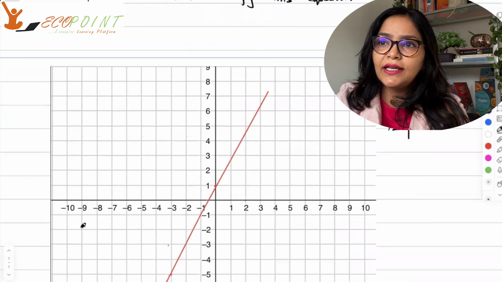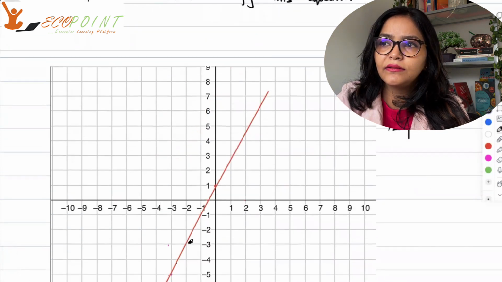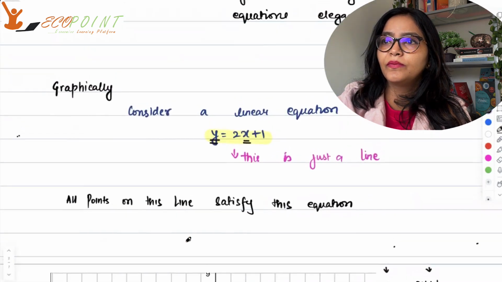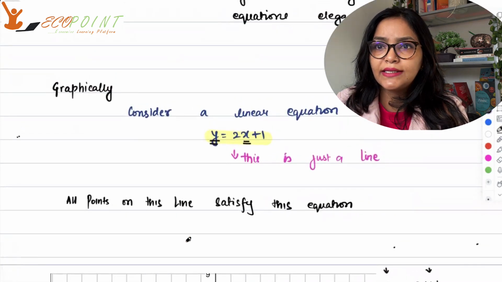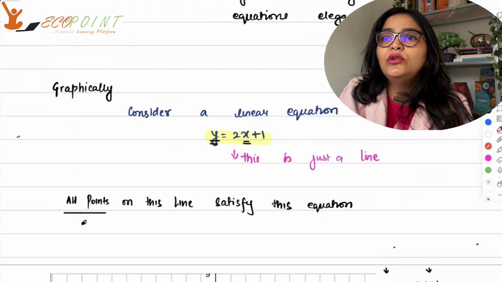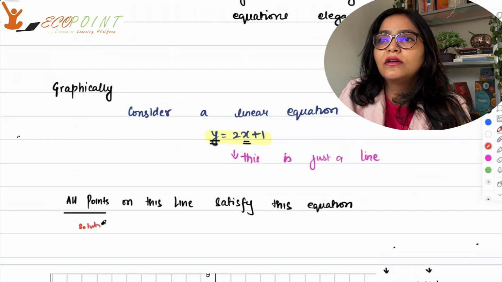If you take any point on this line, it is satisfying this equation. Any point on this line satisfies this equation. So all the points that you see on the line are solutions to this equation.